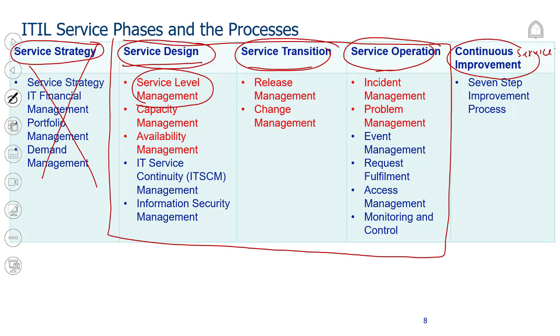So for example, when you're doing this one, you need to come up with what is called SLAs, service level agreements. This is an agreement between the IT and the business with regard to how long some things should take when they want them to be done.